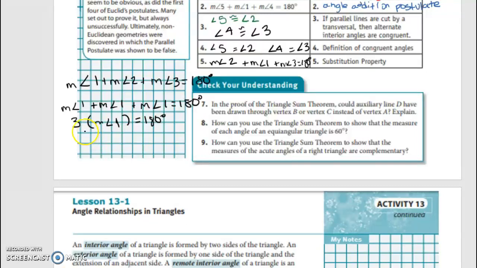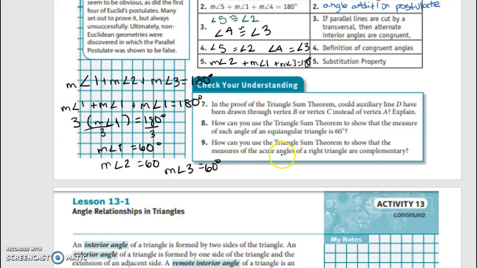Therefore, if we divide by 3, the measure of angle 1 is 60 degrees. And if the measure of angle 1 is 60 degrees, and we already established that they're all congruent, that means the measure of angle 2 is 60 degrees, and the measure of angle 3 is 60 degrees.